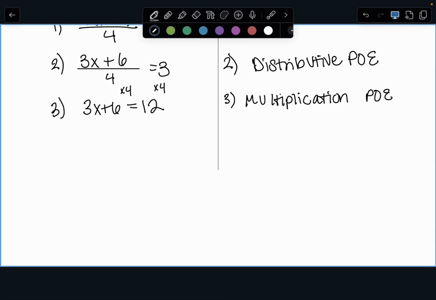Second to last step to solve for x. Yeah, subtract 6 from both sides. Perfect. That's the subtraction POE.